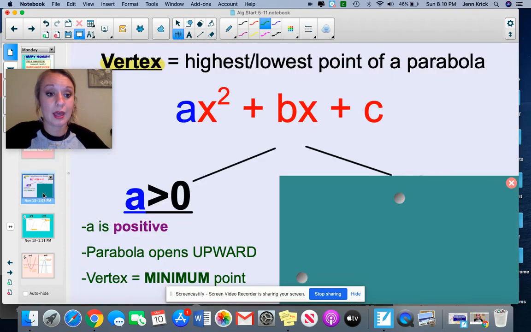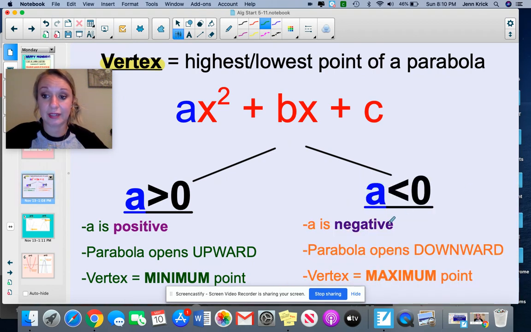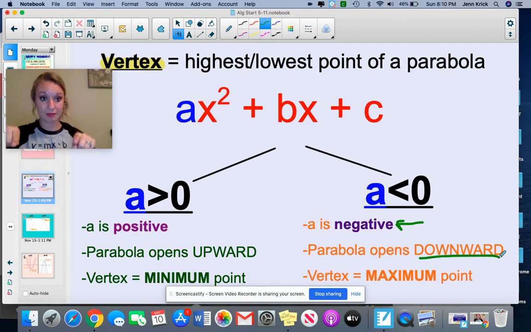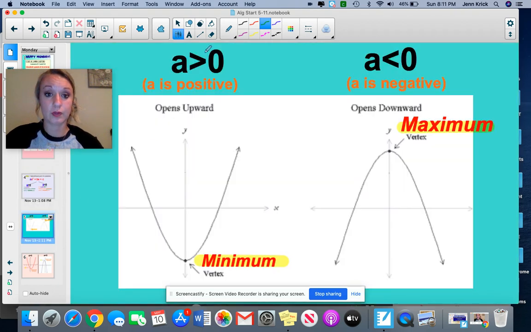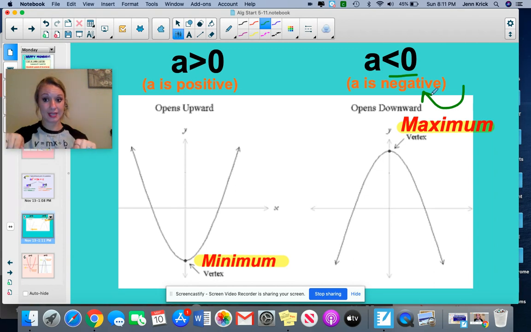However, on the other side, if a is less than 0, meaning that a is negative, your parabola will open downward, and because it's downward, the vertex will be the maximum point.